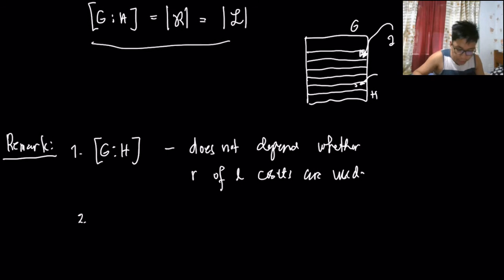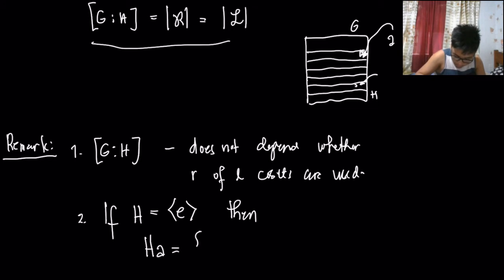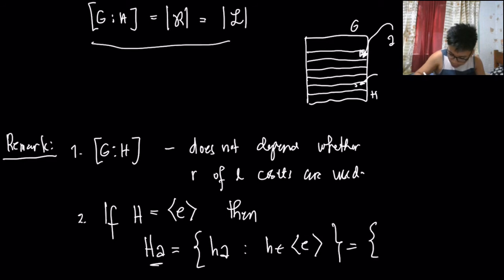Number two, a remark from this definition is that suppose, for example, your subgroup is the subgroup generated by the identity. Then we may write HA, this is the right coset, equal to the set of HA such that H is an element of this one. And so I can write this in the form EA.